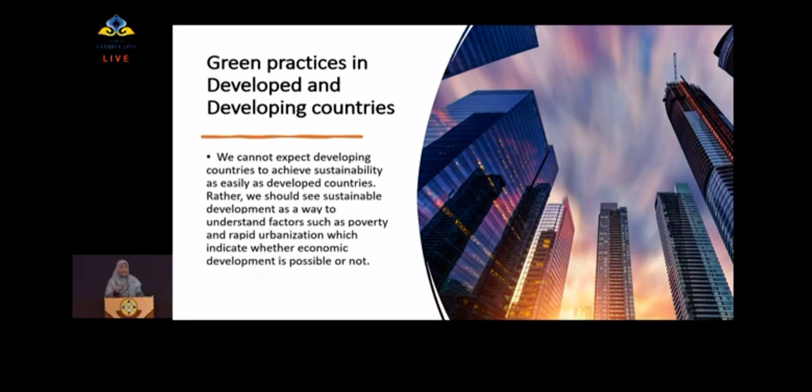Indonesia is among the developing countries, and developing countries will go for developed nation status. But if you go for developed nation status, it means you have to be very concerned about sustainability. That is what is happening.